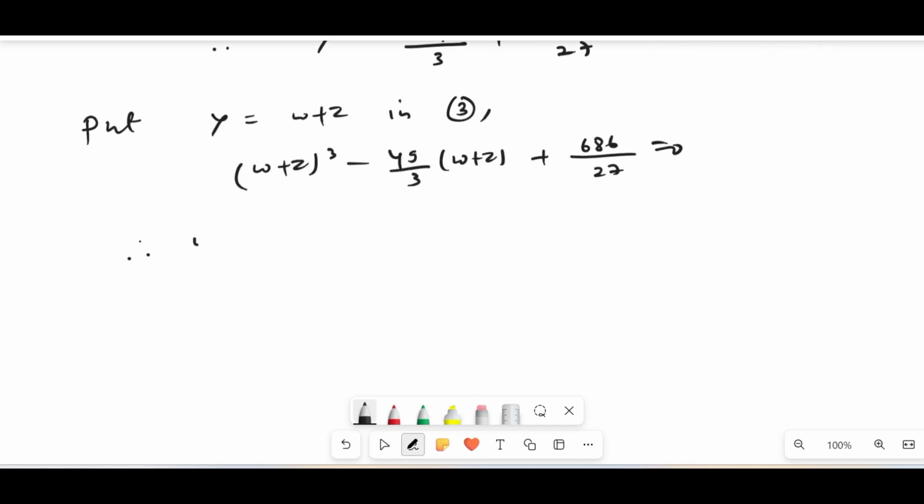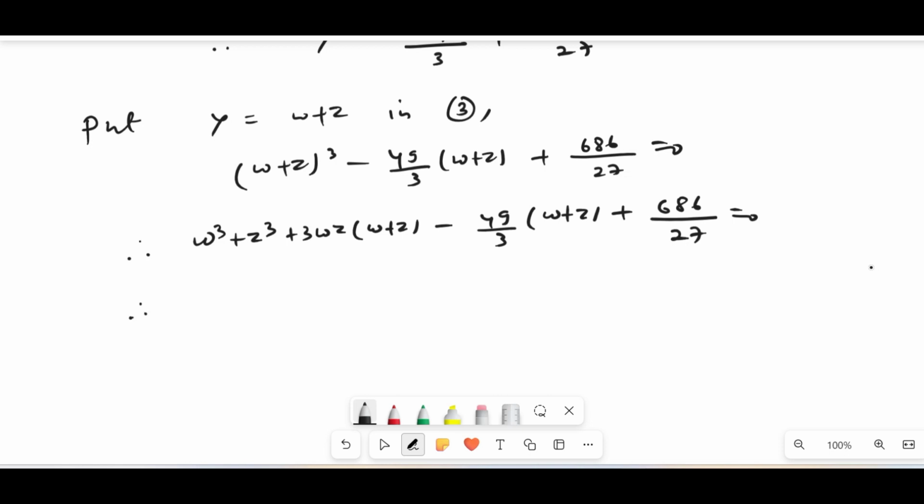So here it will give w cube plus z cube plus 3 times wz, w plus z, negative 49 over 3 w plus z, plus 686 over 27 is equal to 0. That is w cube plus z cube plus 686 over 27, and w plus z is also y. So we can write 3wz negative 49 over 3 times y is equal to 0.